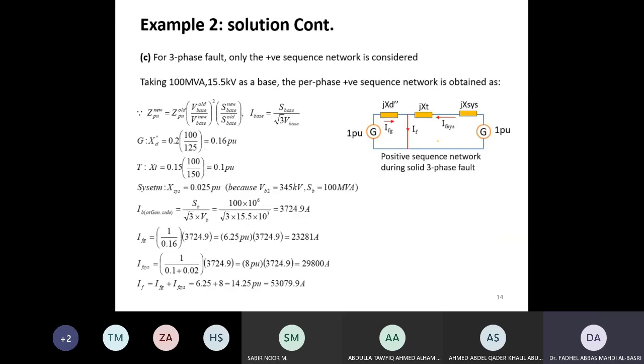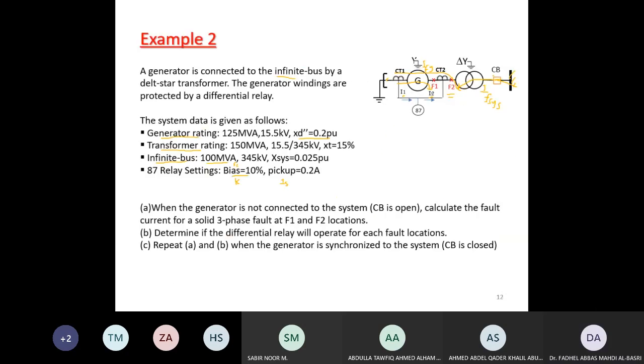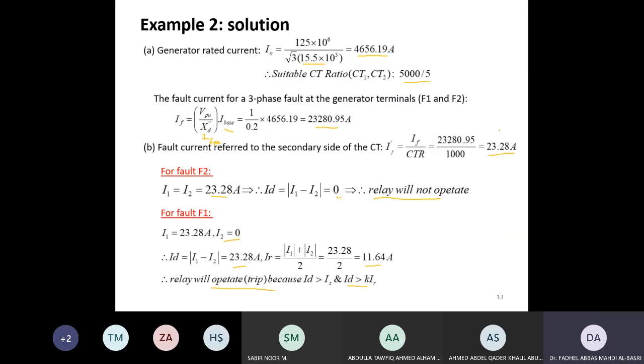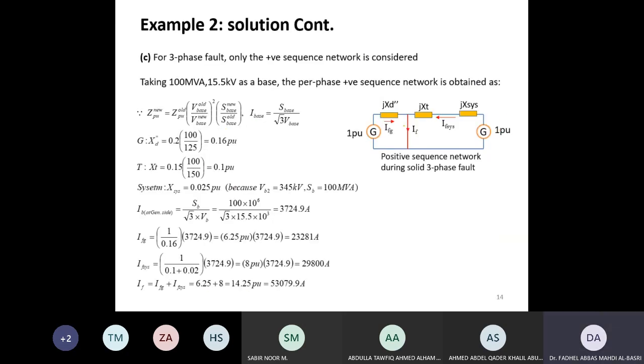So the equivalent circuit in per unit has a reactance that represents the stator winding, a reactance that represents the transformer, and the reactance representing the system. So this is the generator winding, the transformer reactance in per unit, and the system reactance in per unit, and this is the system voltage and the generator voltage.